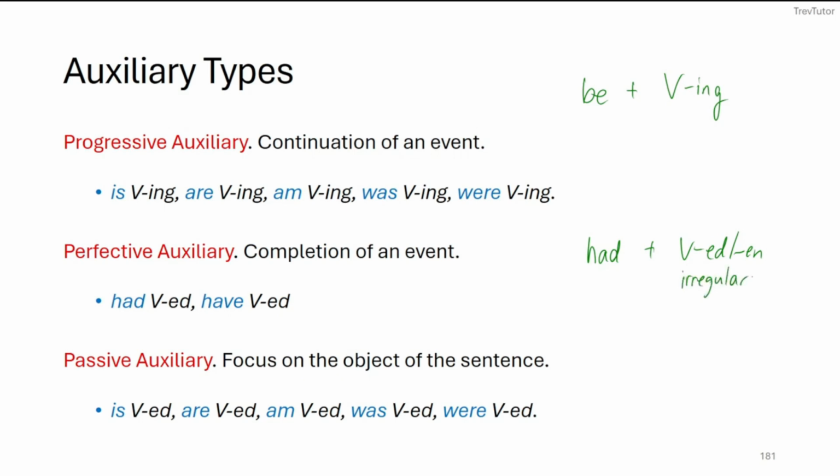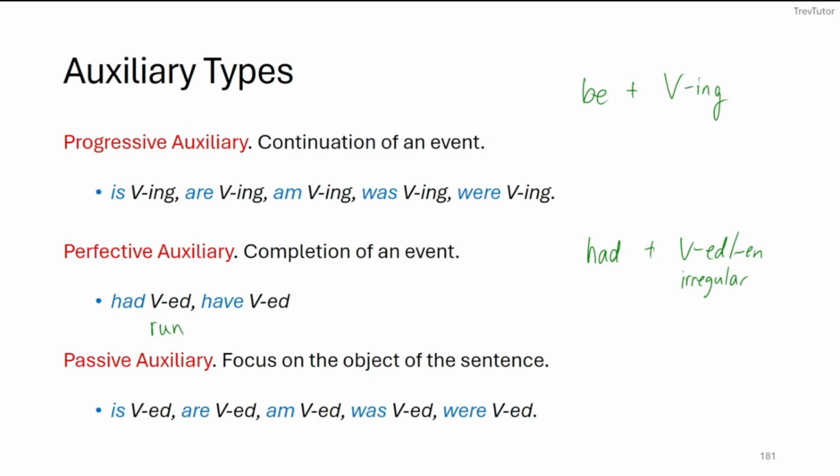So some examples would be like had eaten, had jumped, or even an irregular form like had run, in which case it's just the same as the regular one. So had or have plus a verb gives us that perfective auxiliary.